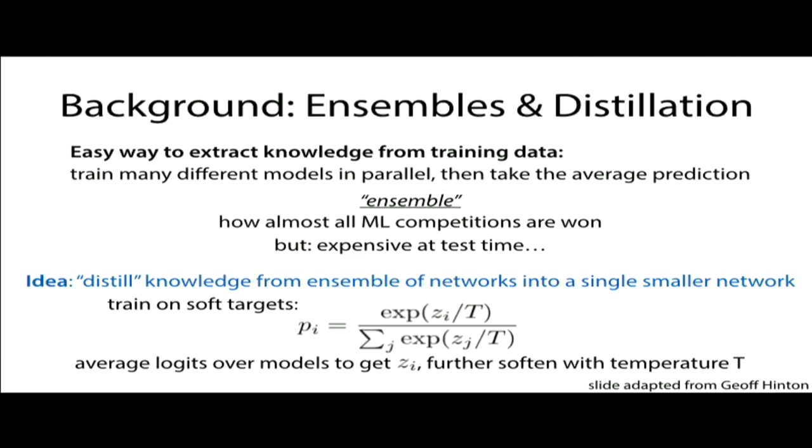I'm not 100% sure, but I think that when you average to get the Z_i, you average the post-softmax values. So after the softmax, they're all going to sum to 1 for each of the individual models, and they'll all roughly be on the same scale. I'm not 100% sure, though, so you should double check that.